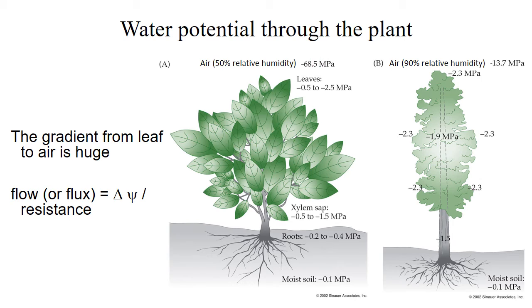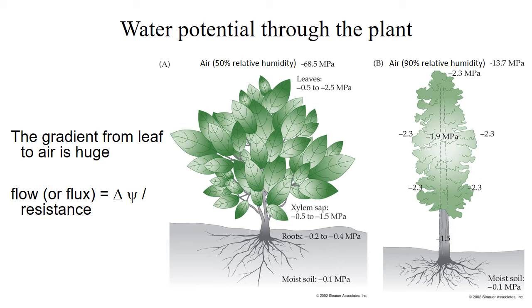But you can see that by far the biggest difference in water potential is between the leaves and the air. So that force that drives water out of the leaves and into the air is a particularly strong one, and that's why plants are so susceptible to losing moisture to the atmosphere.